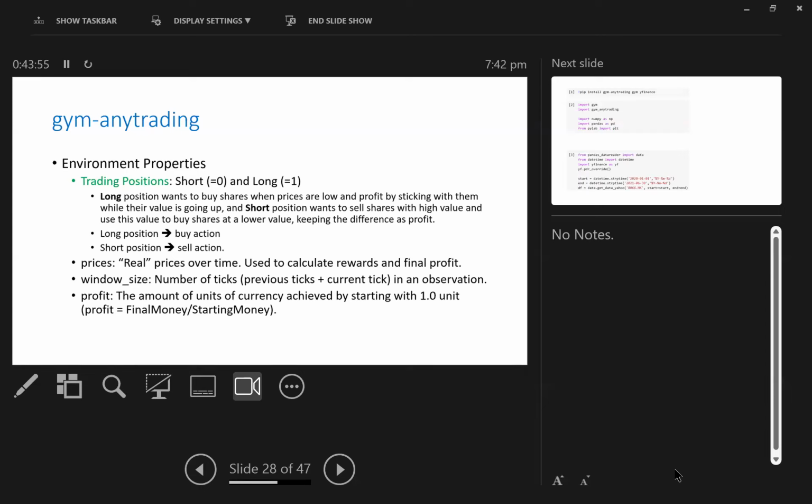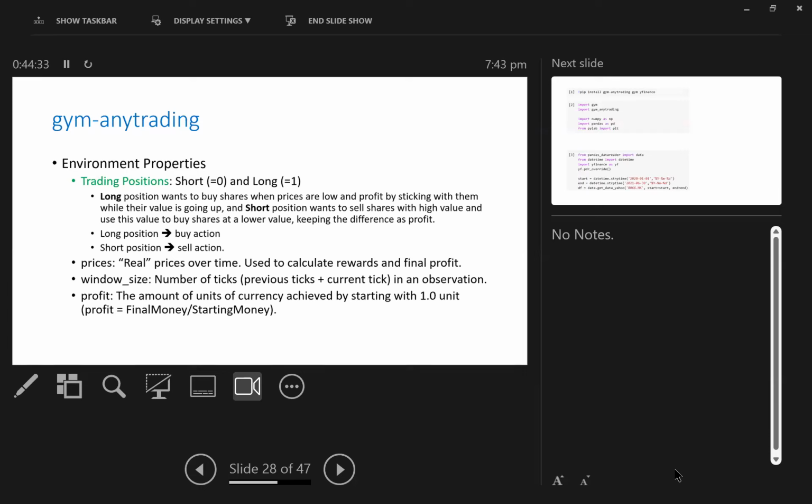So this also gives you the profit. Initially, you have a starting money of $1, or 1 unit of dollar. After all the testing, you will get the final money based on the long and short predictions, and you will know the profit. Based on this, you will see how well the reinforcement learning algorithm performs.